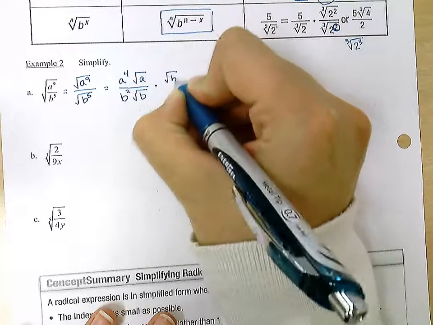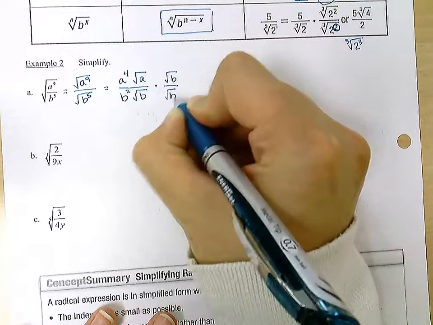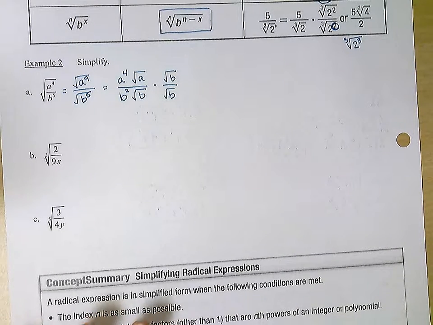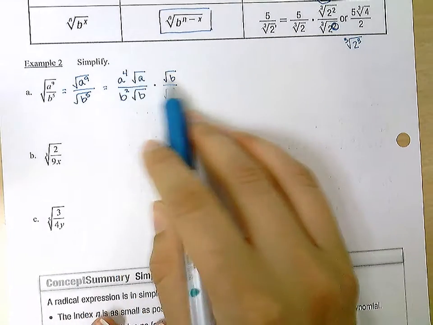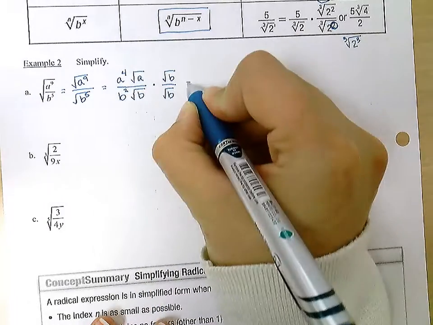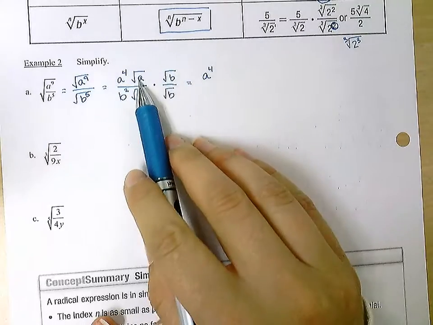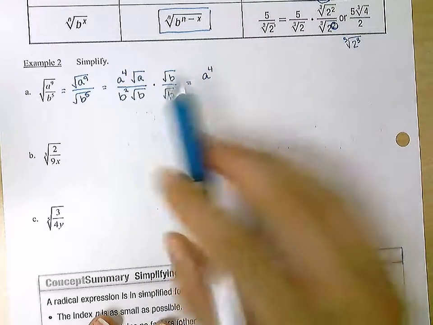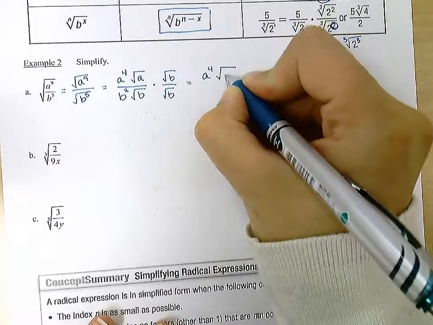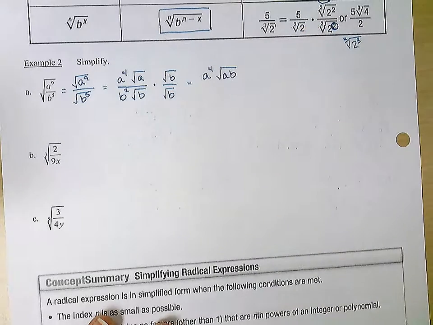So this is my version of 1, and that's square root of b over square root of b. From here, I just want to multiply straight across. So I have a to the 4th. If I have the square root of a times the square root of b, I just end up with the square root of ab.